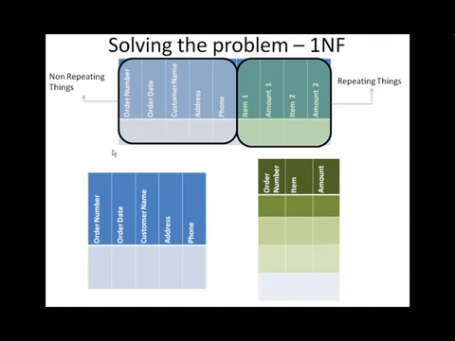And then I had another table, let's call it for now the item table. So this is the order, which is from the non-repeating area, and for the repeating area there is another table called the item table.